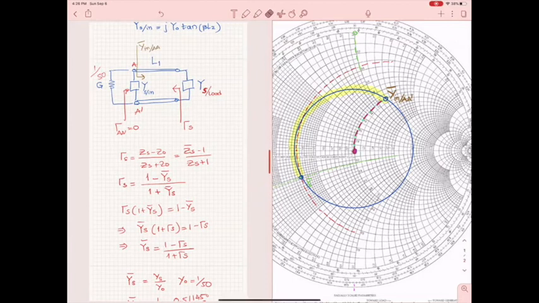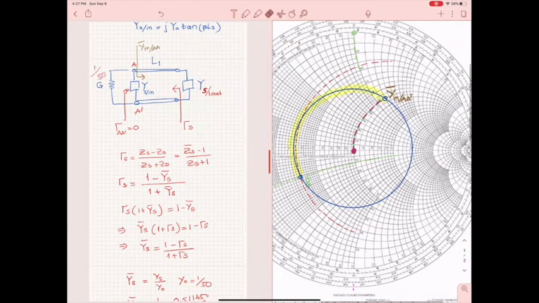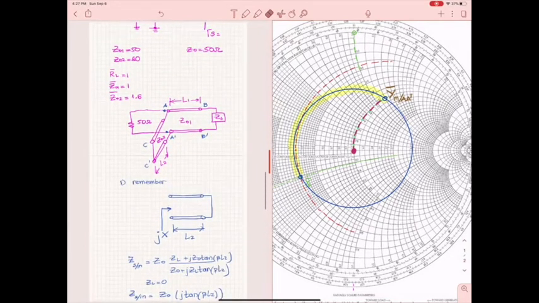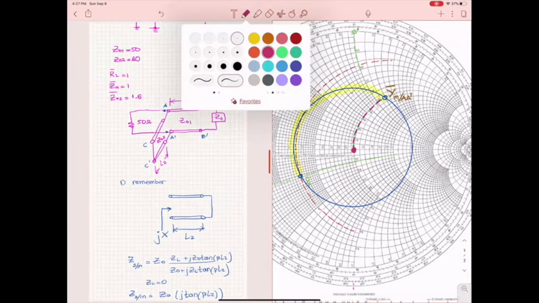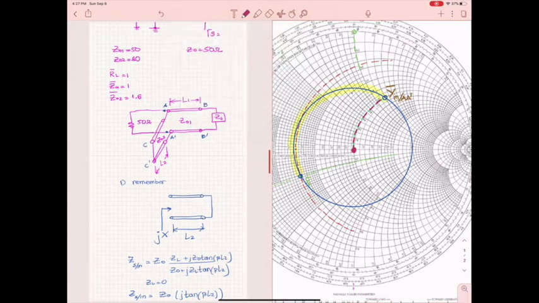So from point B, let's call this point B, I go from B to A.